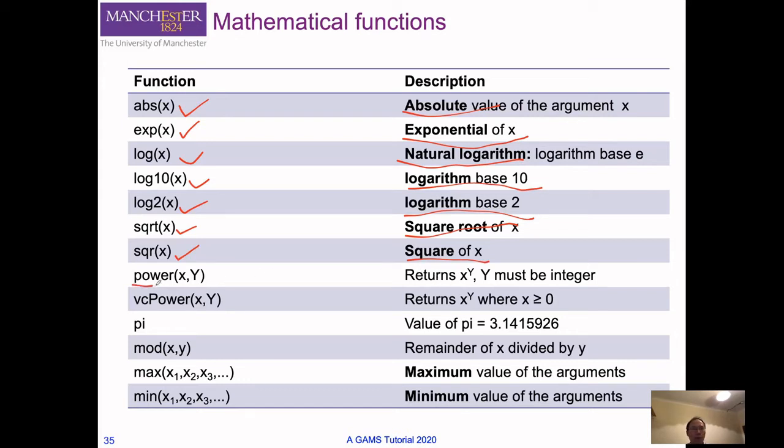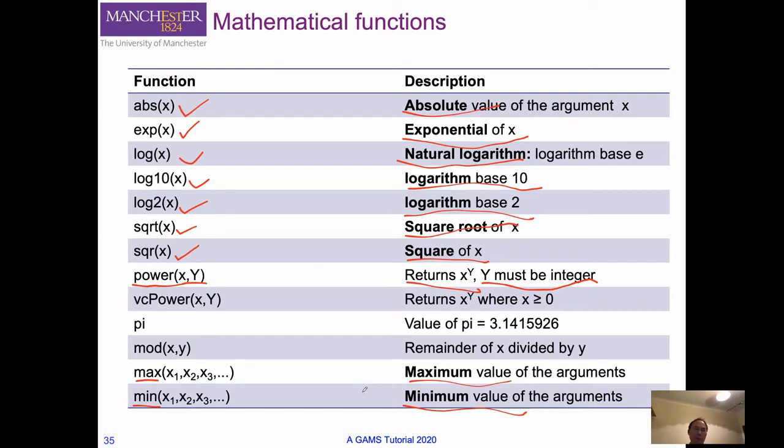Then we can use power x, y to return the y's power of x, but y must be an integer. We can also use the exponentiation operator, double star, as we introduced before, if x is a non-negative value. In other words, we can also express it as x double star y. We can also use the functions max and min to find the maximum value and the minimum value of the arguments.